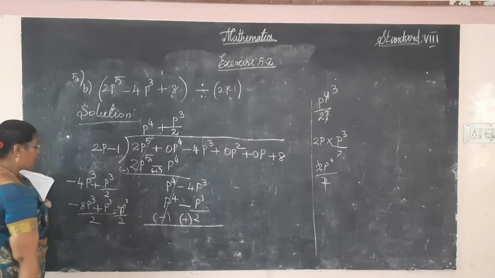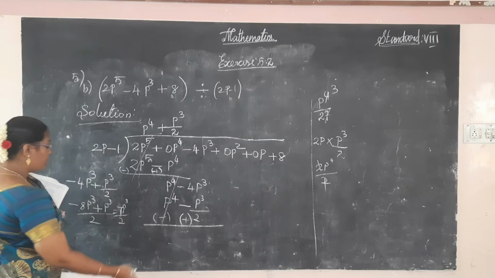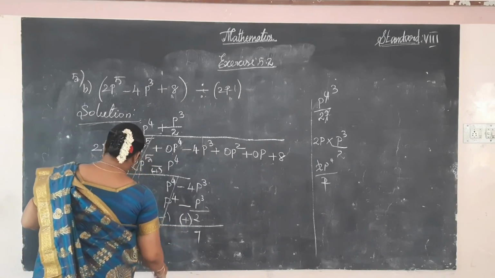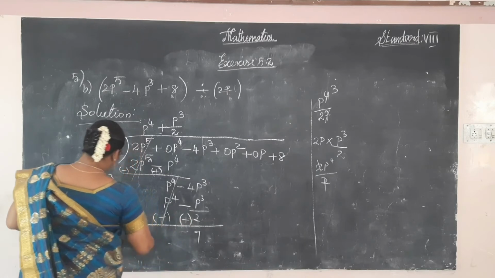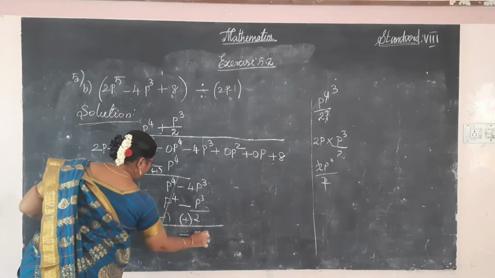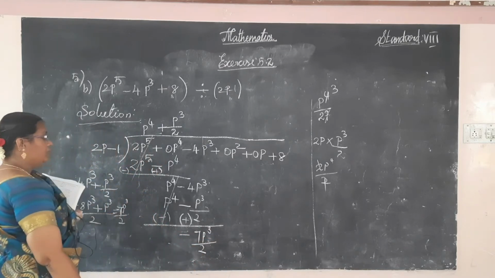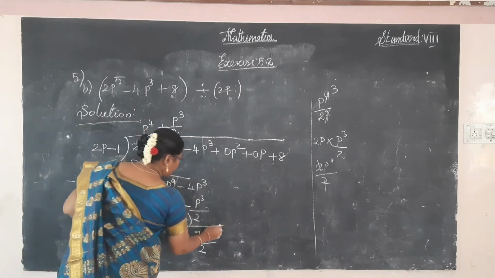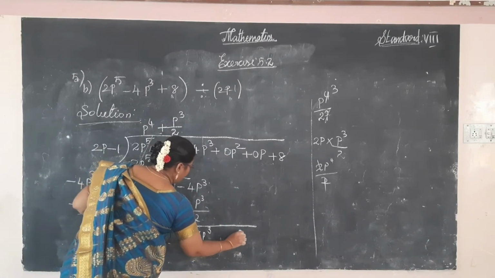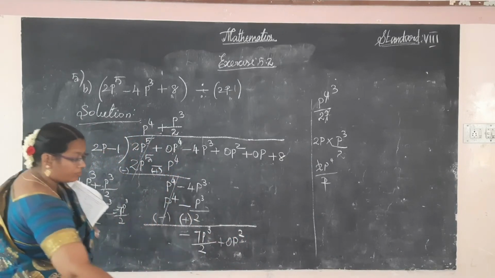What we do? Subtract and put the greater number sign. So 7p power 3 by 2. So what is the answer here? 7. Okay, the greater number sign is minus. So minus 7p power 3 by 2. Okay, now bring down the next term. What is that? 0p power 2.